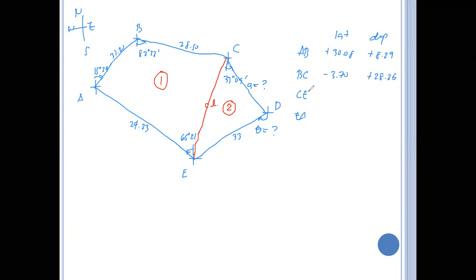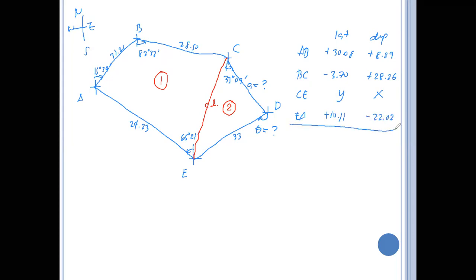So for the closing line CE, okay, so we don't have the values, or we don't have the direction as well as the length. Okay. So we can let the variable x represent the departure, y latitude, no? And for EA, so given naman yung direction and length, so we can determine yung latitude and departure values niya, no?